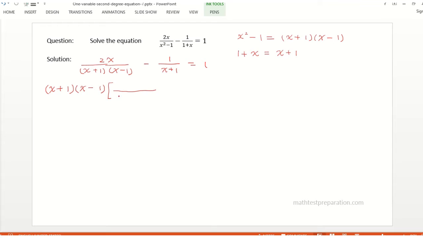This is the first term. X plus 1 multiply x subtract 1. Numerator 2x subtract 1 divided by x plus 1.